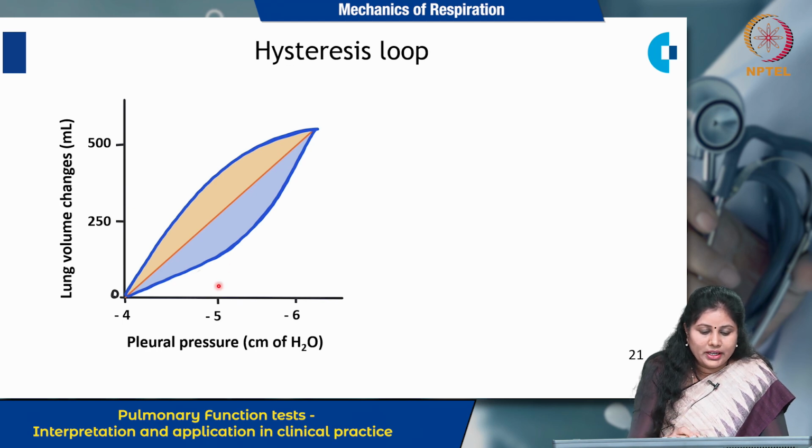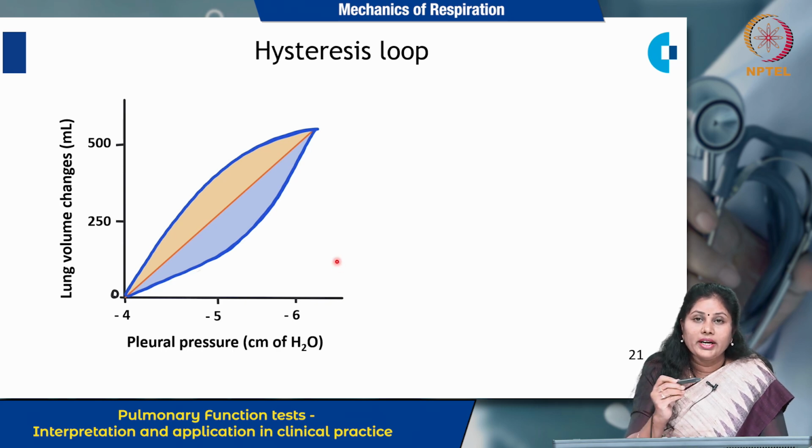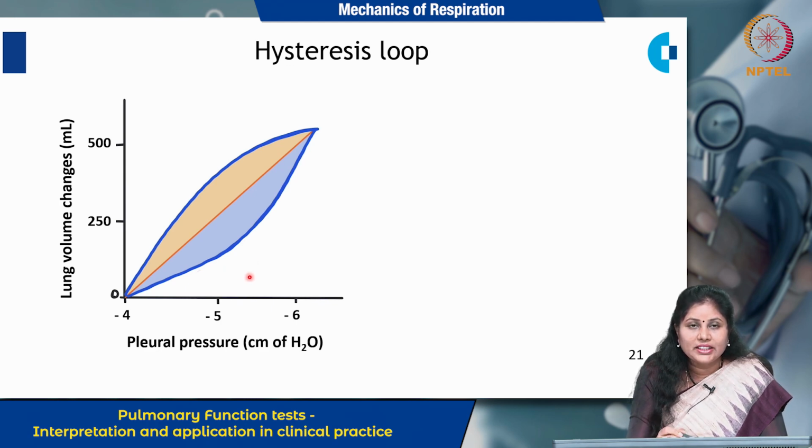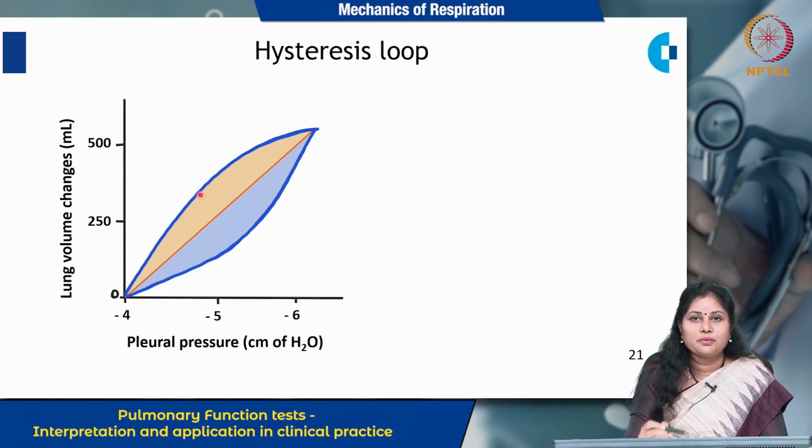Whereas at the same pleural pressure during expiration, during deflation, look at the volume present in the lungs, it is almost 350. So, at any given point of pleural pressure, the volume of air present in the inspiratory phase is lesser when compared to that present in the expiratory phase. So, the compliance of the lung is more during the expiration.